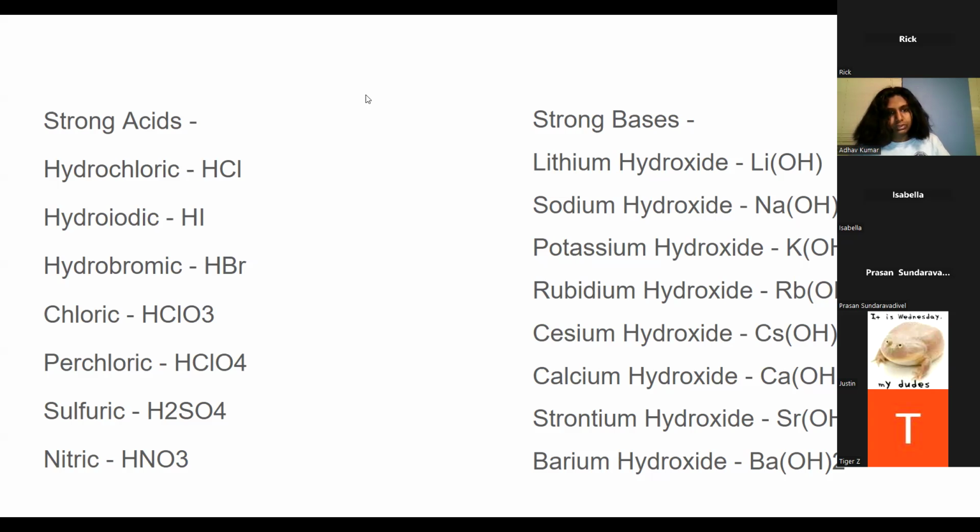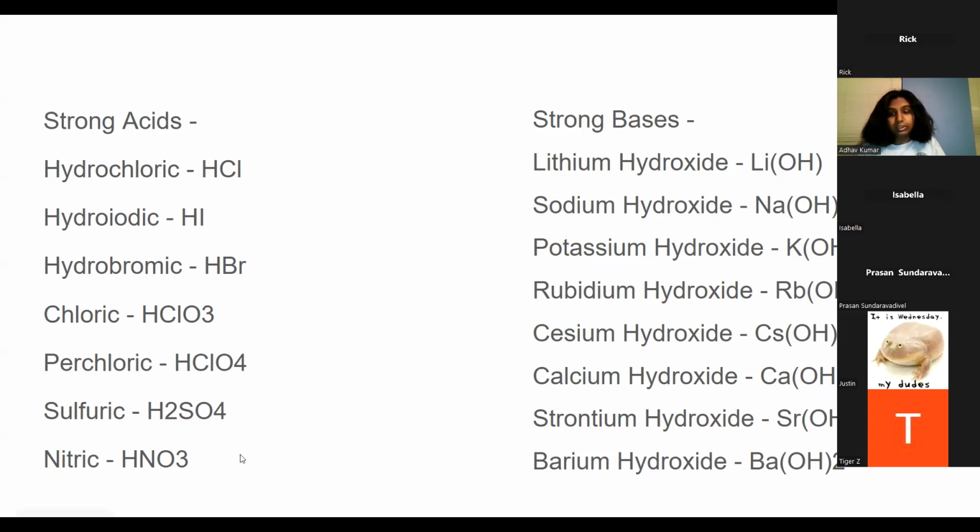You have the hydroxide, and all of these will completely dissociate into their respective ions, like Li plus and then OH minus, Na plus, OH minus, and you guys get the point. Like we were saying, these will dissociate almost completely, if not completely, in aqueous solutions.